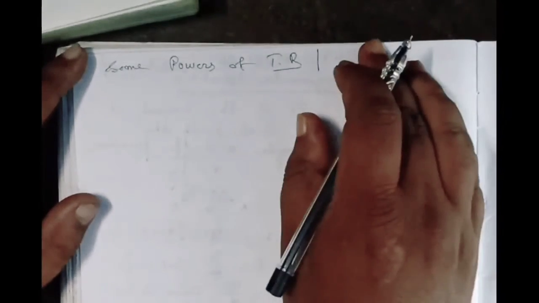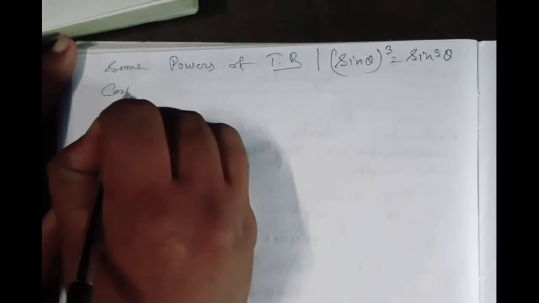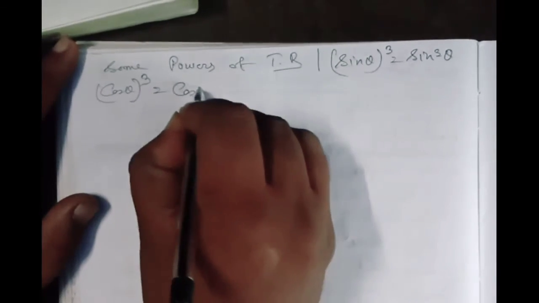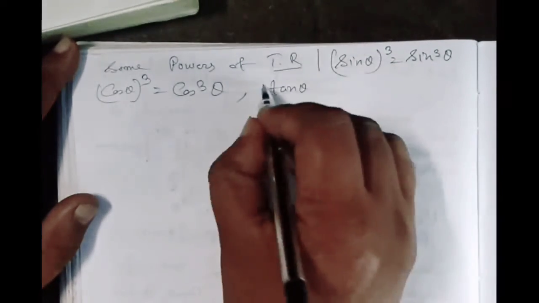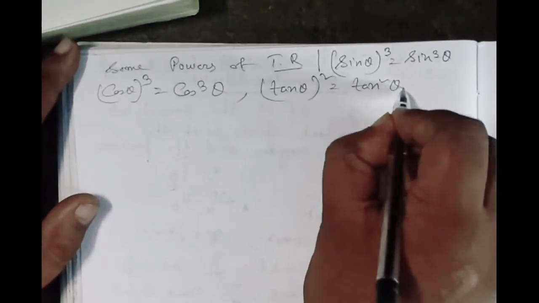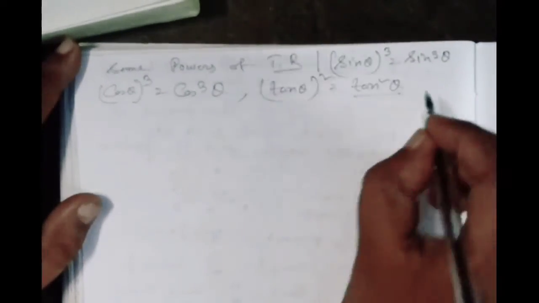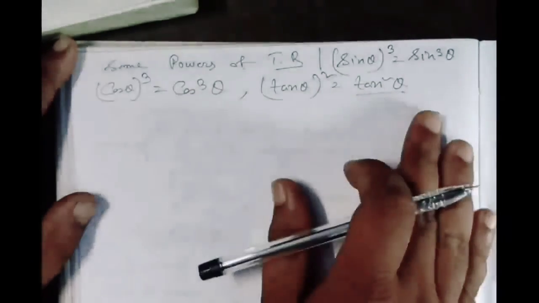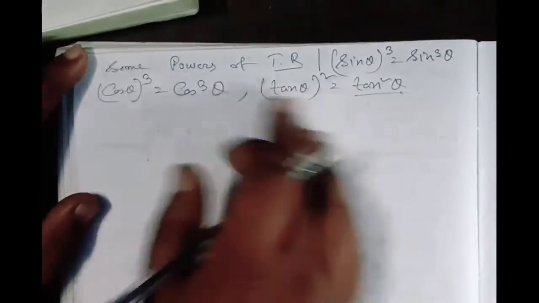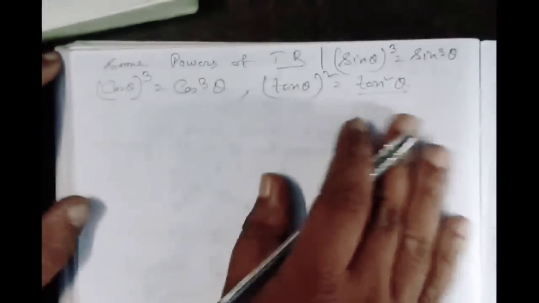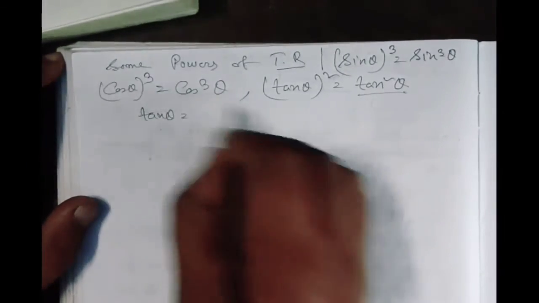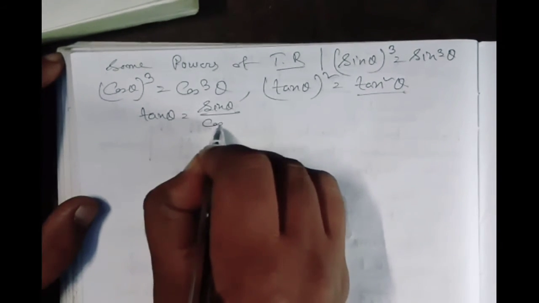The normal thing is (sin theta) whole cube equals sin cube theta. (cos theta) whole cube is equal to cos cube theta. (tan theta) whole square equals tan square theta, etc. And obviously we have already discussed that tan theta is equal to sin theta by cos theta.